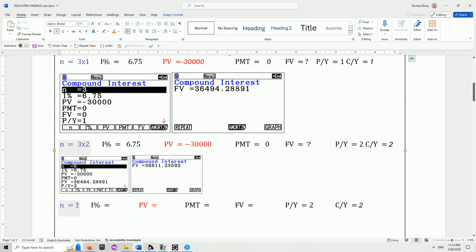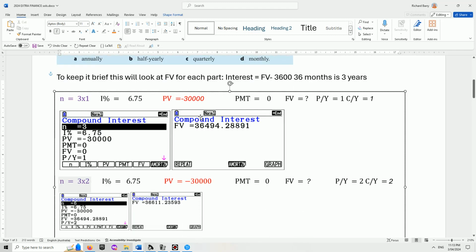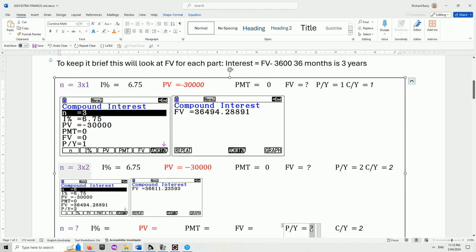Okay. Part C, quarterly. So this is going to be 4. This is going to be 4 times a year. Future value is question mark.